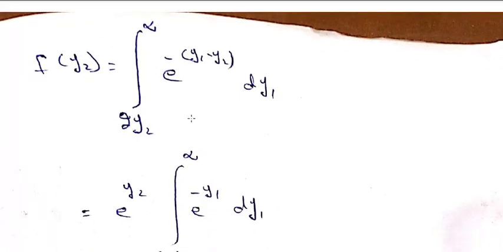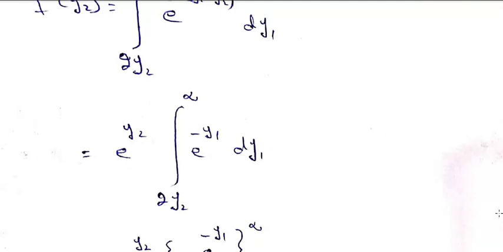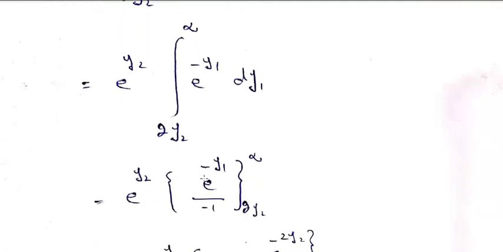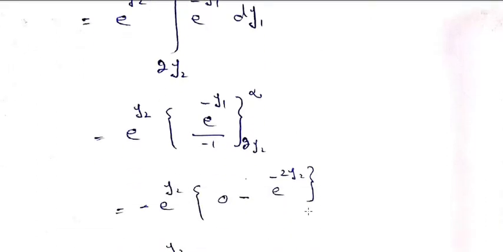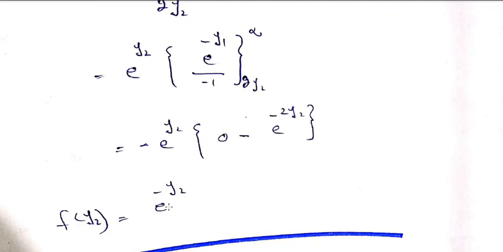Now e raised to y2 is a constant, and we integrate e raised to minus y1, with limit 2y2 to infinity. Putting the limit of infinity we get 0 minus the value at 2y2, so the function is e raised to minus y2, because 1 minus 2 gives minus 1. This is the function f of y2, the marginal of y2.